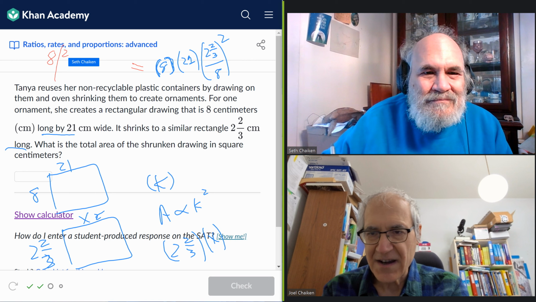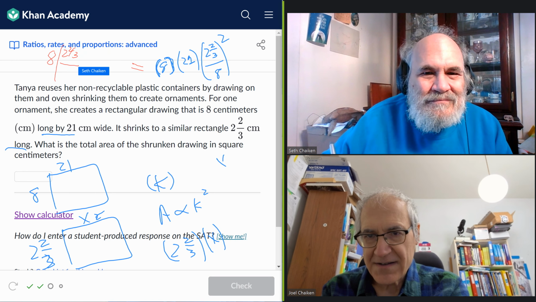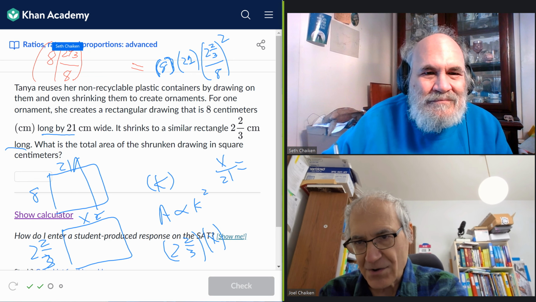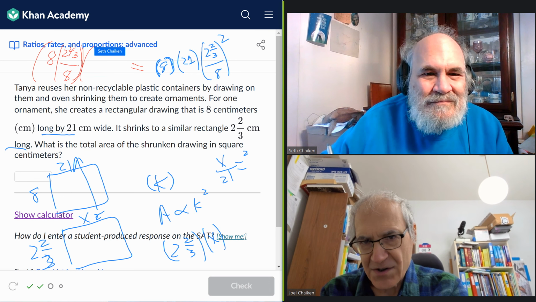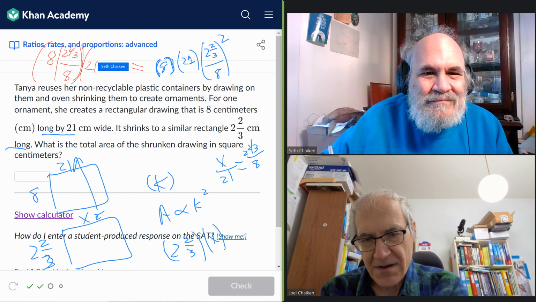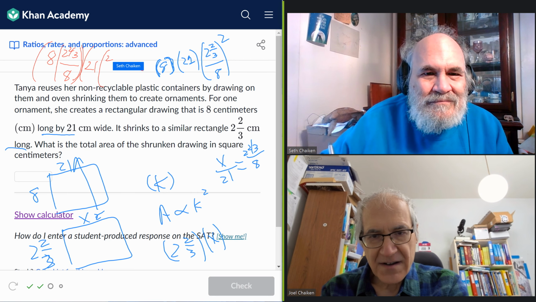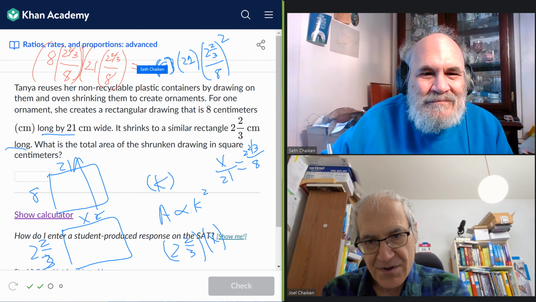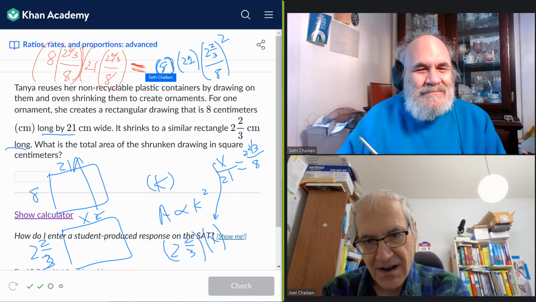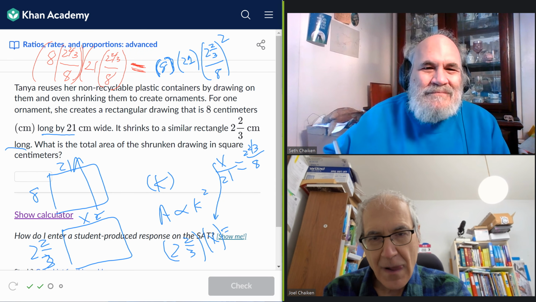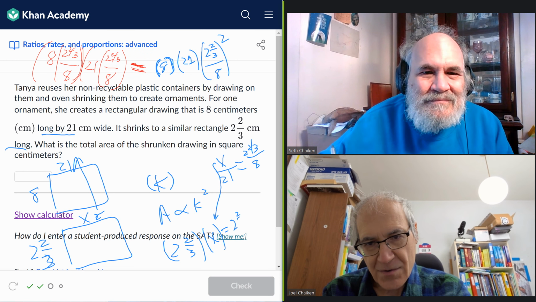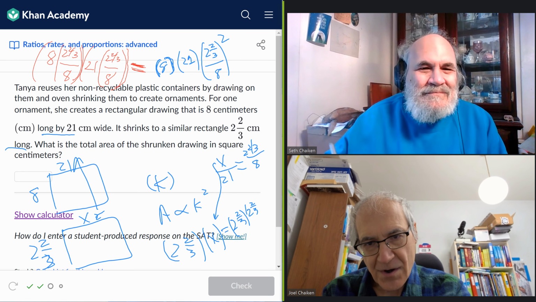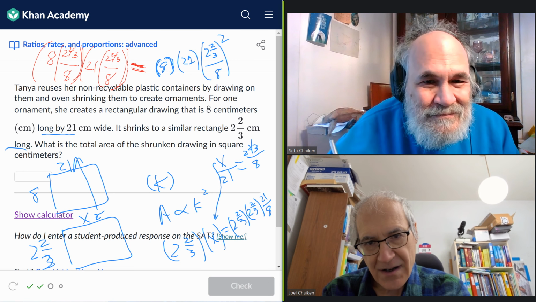X is to 21 as 2 2/3 is to 8. So x is equal to 21 times 2 2/3 over 8. We substitute the x into here and we get 2 2/3 times 21 divided by 8.